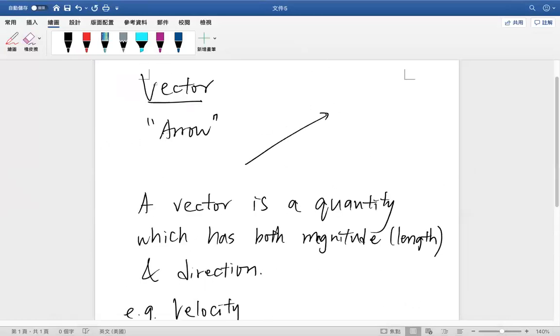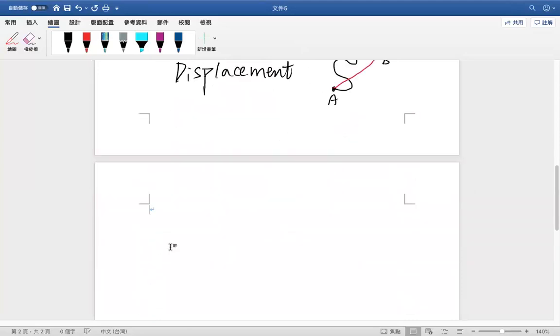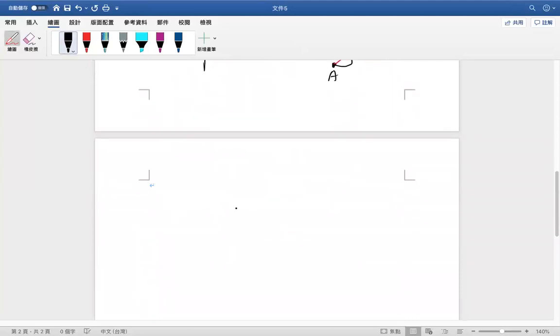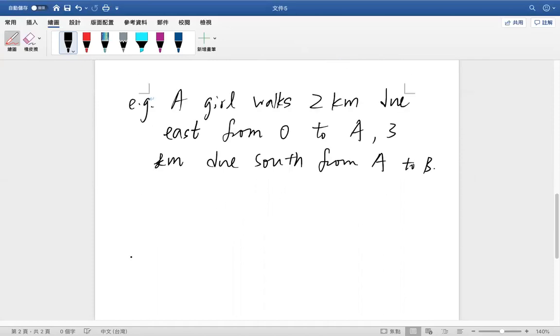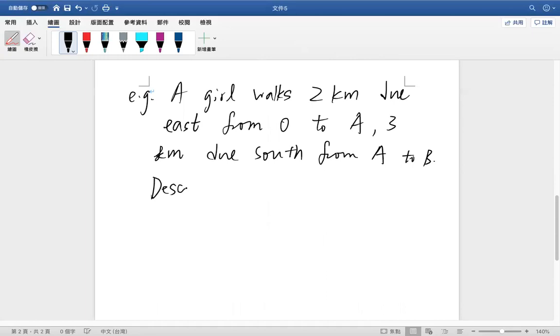So let's look at an example. Here we have a girl who walks 2 km due east, from O to A, and then 3 km due south, from A to B. So 3 points here, and what we're going to do is describe the displacement.